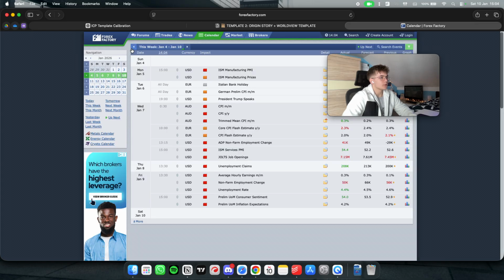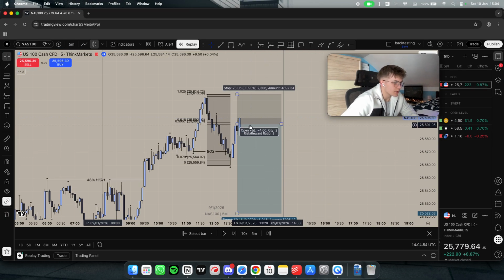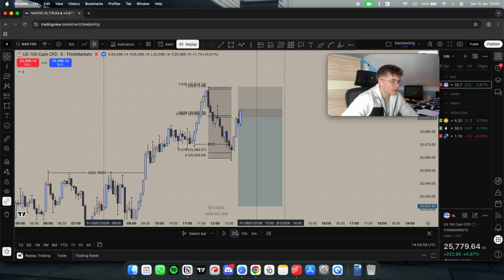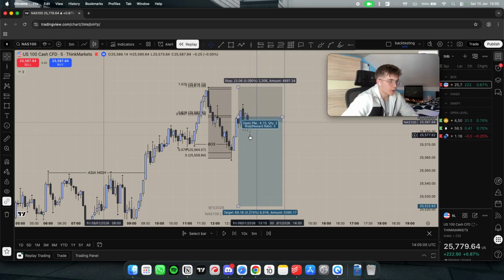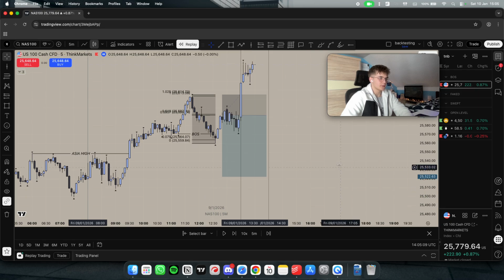Let's see. So yeah, it was this 13:30. Okay, so 13:30 news, and we go ahead and we can mark them out. Boom, and then at 13:15 we have to close out this trade, which is on this very candle, and we close on that candle in profit, and the rest is, yeah, we are out of the trade.